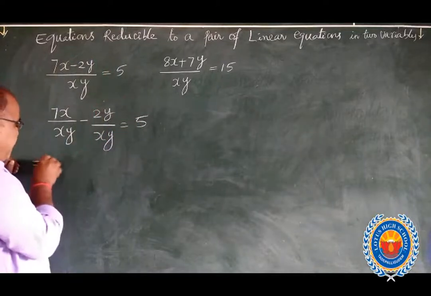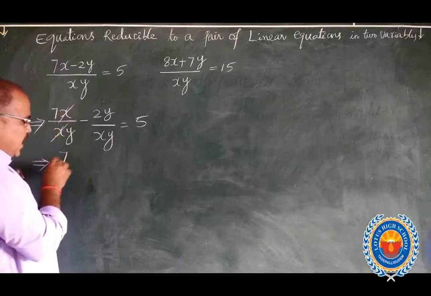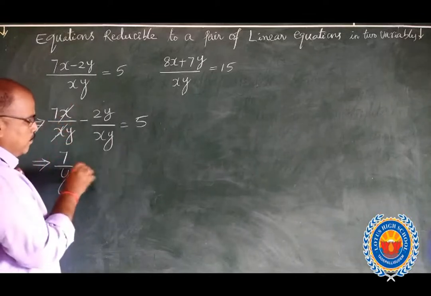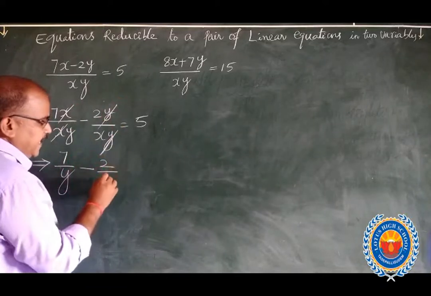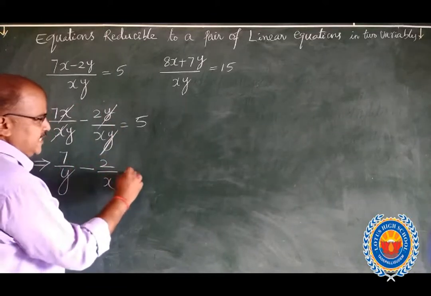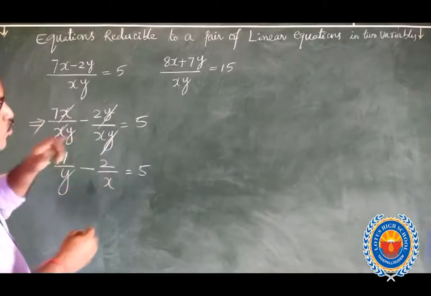That implies x and x will be cancelled. Now 7 by y minus, y and y will be cancelled, minus 2 by x is equal to 5. 7 by y minus 2 by x is equal to 5.